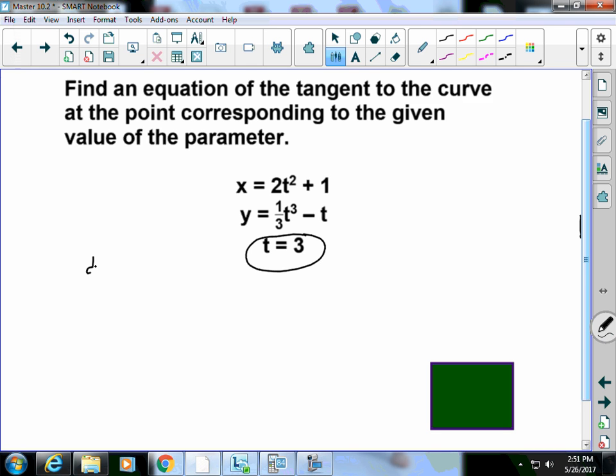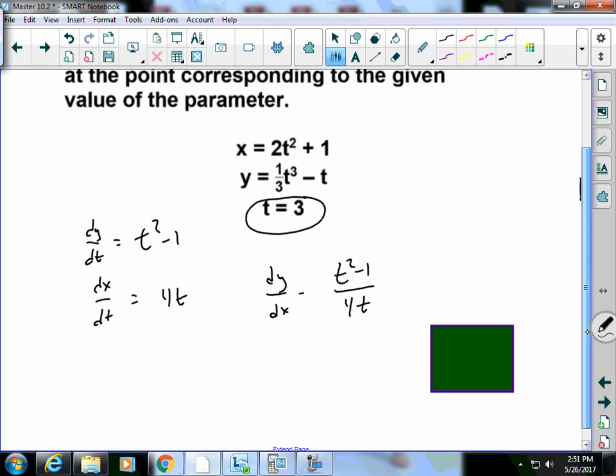So I'm going to find dy/dt. The derivative of y is just t squared minus 1. I also need dx/dt, and dx/dt is equal to 4t. So then dy/dx is equal to t squared minus 1 over 4t.